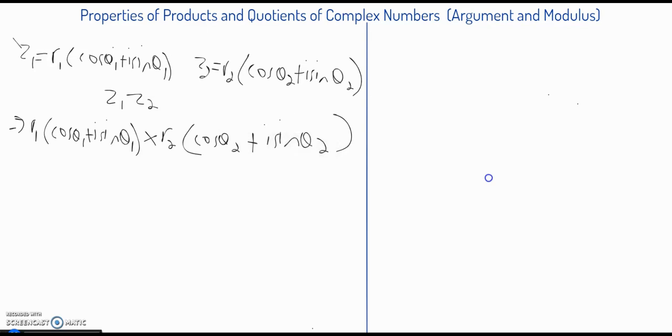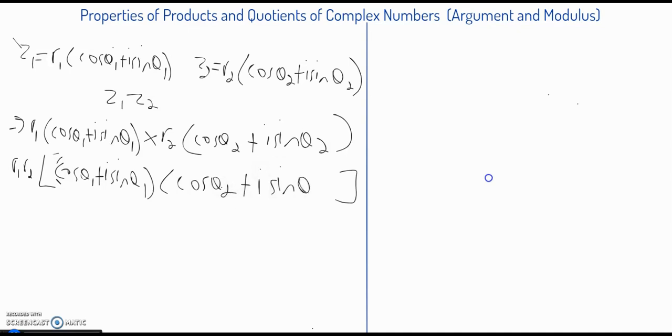Both R1 and R2 are outside of the brackets, so I can take this out here and say R1 times R2. Now, let me open my big bracket here, because I'm going to have cos theta 1 plus I sine theta 1 times cos theta 2 plus I sine theta 2.